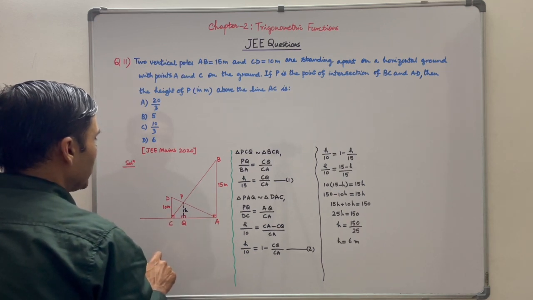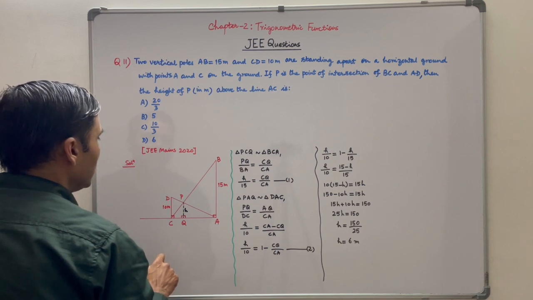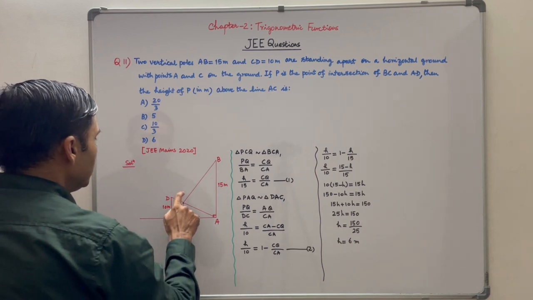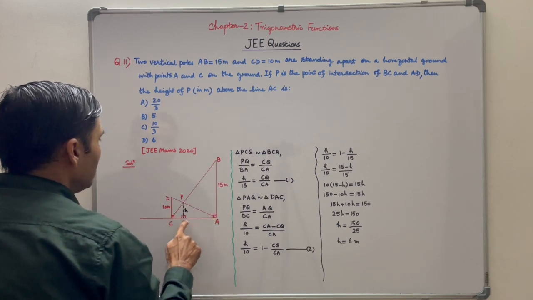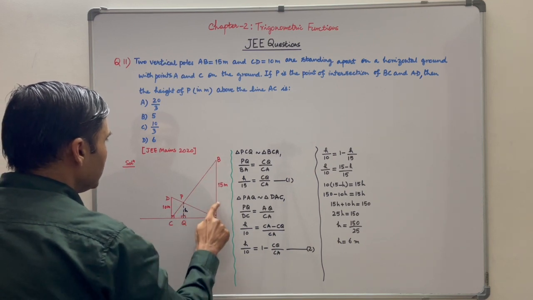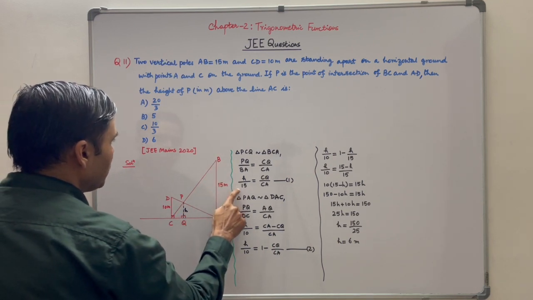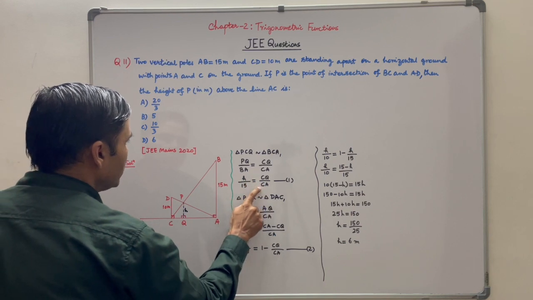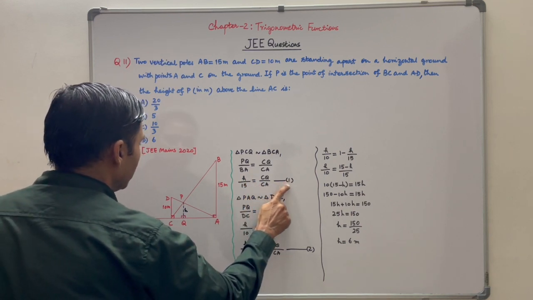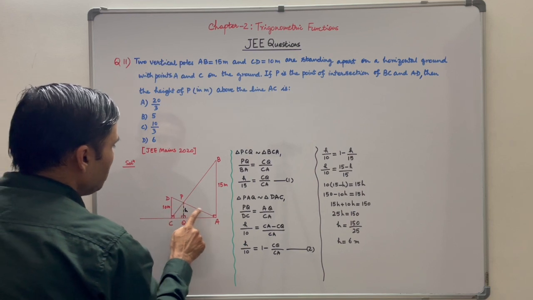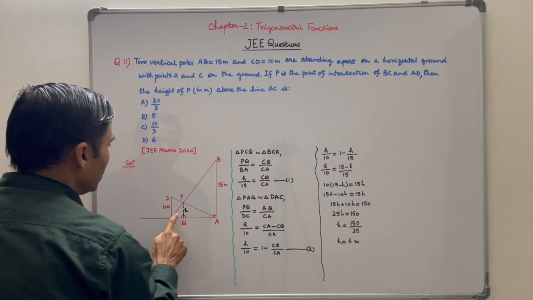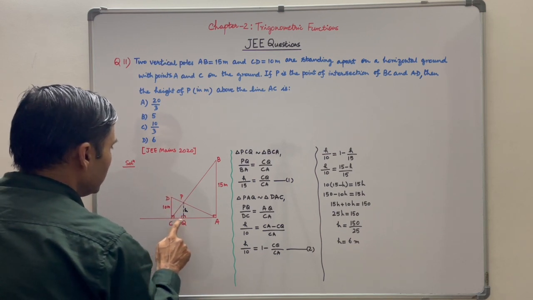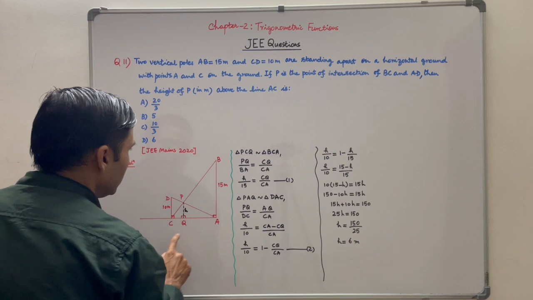So we will use the property of similar triangles that the corresponding sides are in equal ratio. That means PQ upon BA is equal to CQ upon CA. PQ is h meter, BA is given as 15 meter. So h upon 15 is equal to CQ upon CA. This is our first equation. Similarly, triangle PAQ and triangle DAC are similar triangles. So PQ upon DC is equal to AQ upon AC.